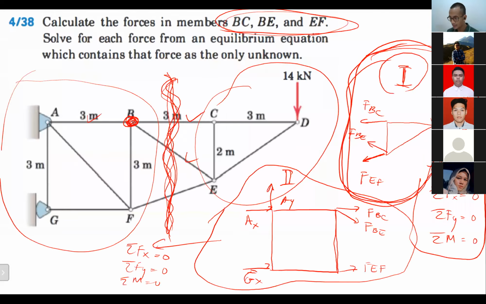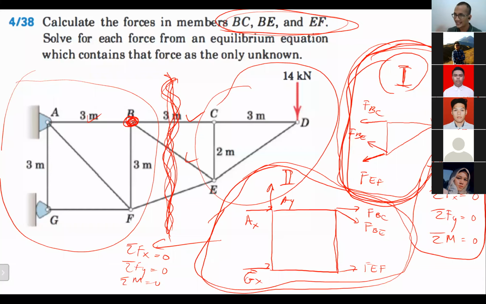Actually, can you see the first free body diagram and the second free body diagram here? In both free body diagrams, I assume that FBC, FBE, and FEF are in tension. Yes, because that's my way to do it.